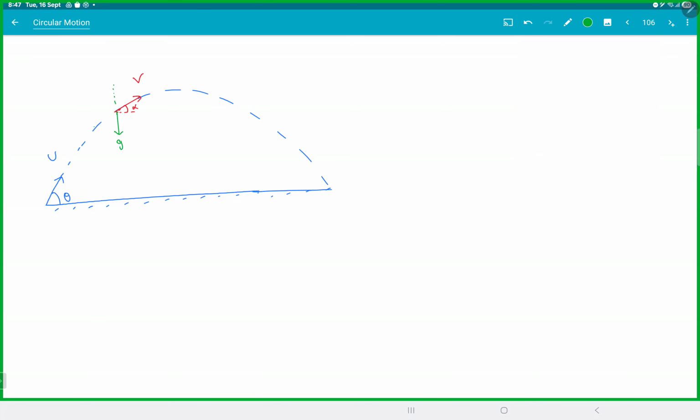So if you try to resolve this into components, that's alpha, this will be 90, and this will be 90 minus alpha.